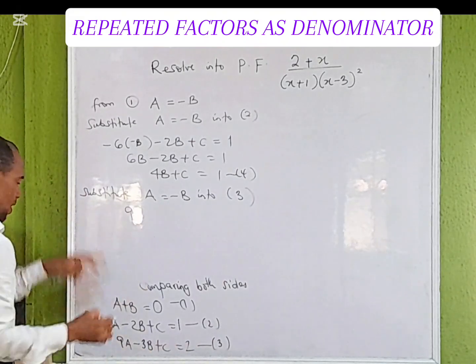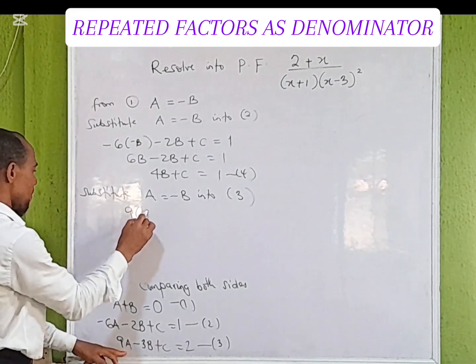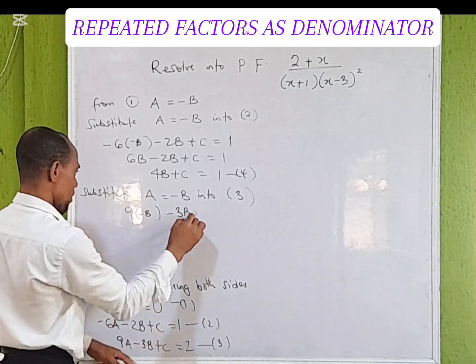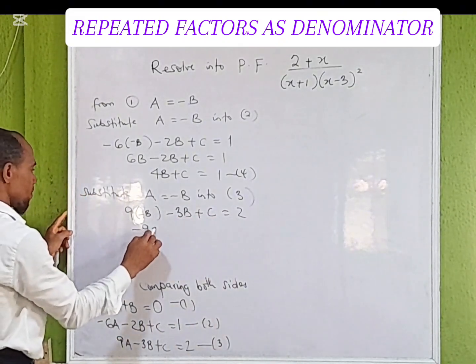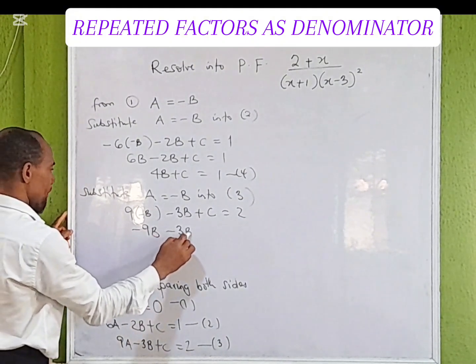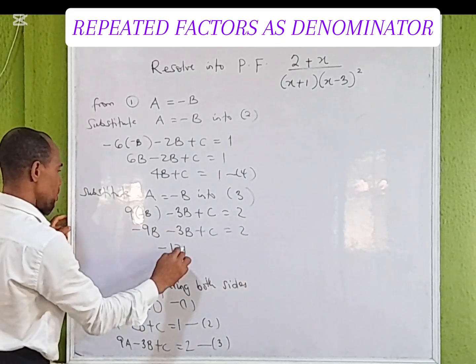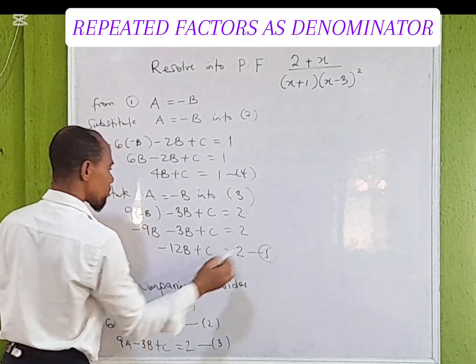And 3 is 9A minus 3B plus C equals 2. So 9A, A is minus B again, then minus 3B plus C equals 2. Hence, we have minus 9B minus 3B plus C equals 2, which becomes minus 12B plus C equals 2, equation 5.